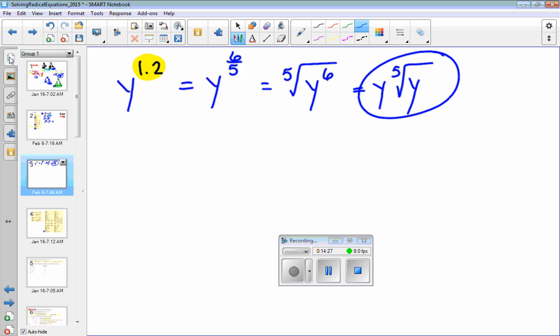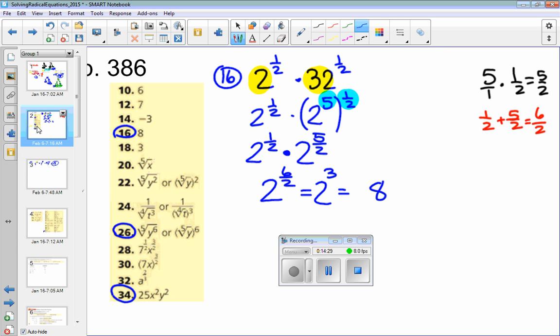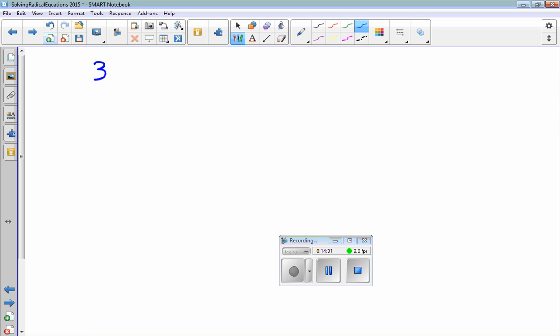Okay, the last one you guys wanted to see was 34. So let's look at that one. This is the one that most of you got pretty darn close to, but didn't finish. So I have the cubed root of quantity 5xy to the 6th. Now, those parentheses are pretty important because it says everything is being raised to the 6th power.